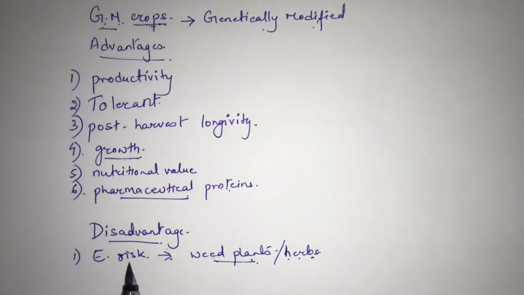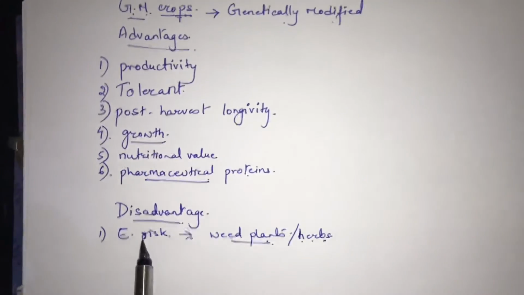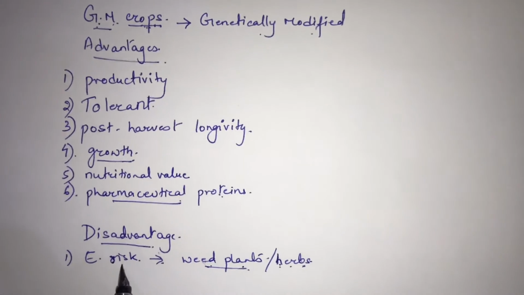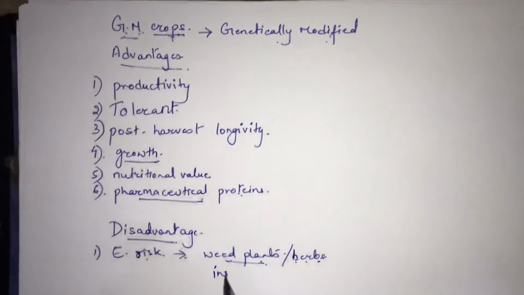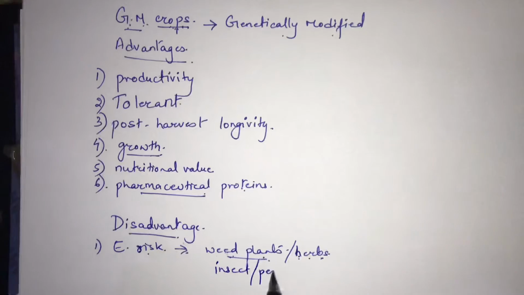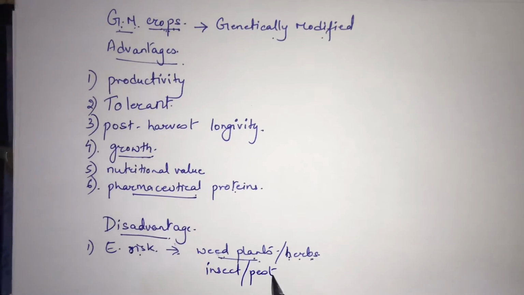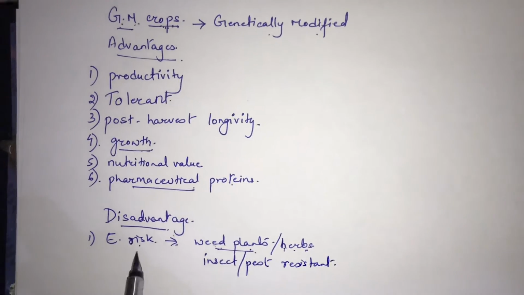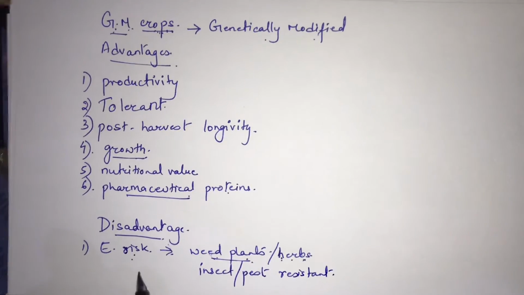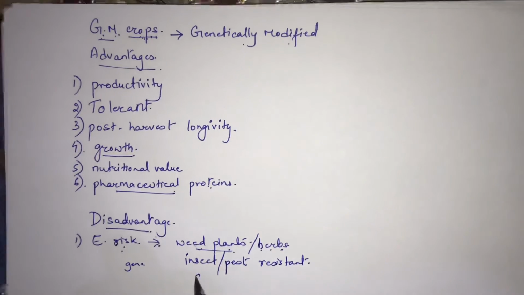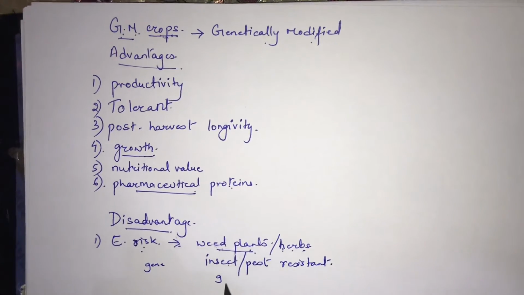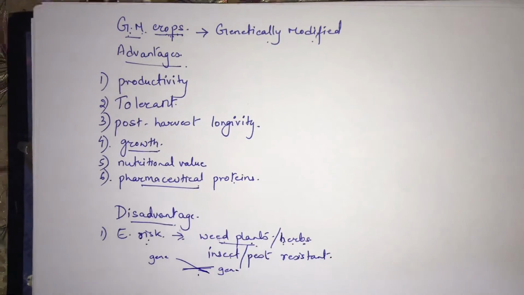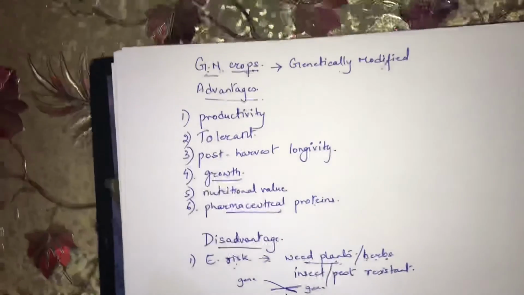If this gene has weed resistant or insect, pest, pathogenic organism resistant property, then the same gene and the genes from all those insects and pests can crossbreed. They can reproduce.